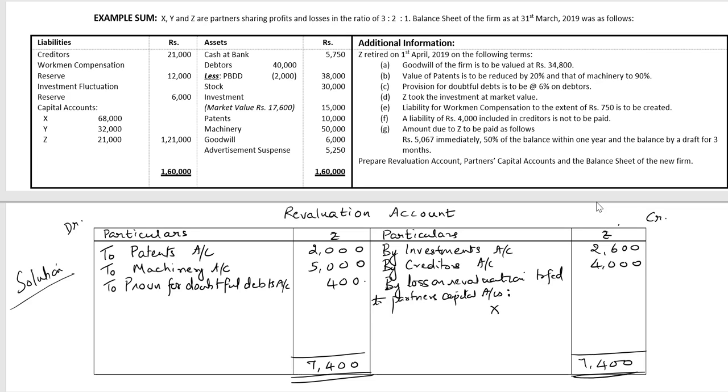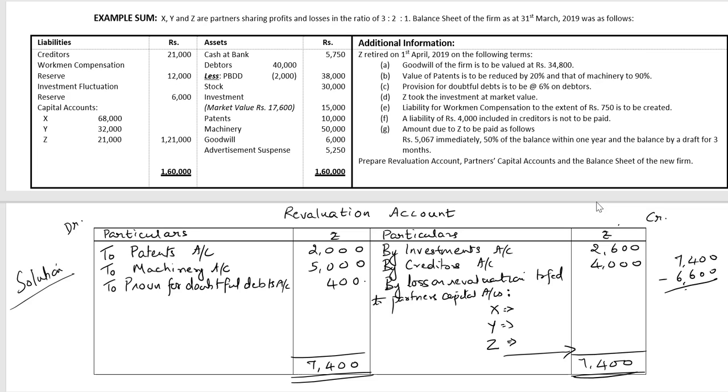We have X, we have Y, and we have Z. 7,400 is the greater total, minus the total of the credit side, 6,600 rupees.